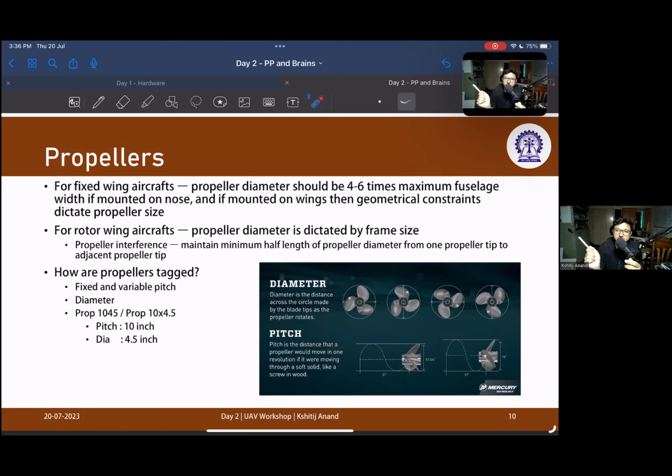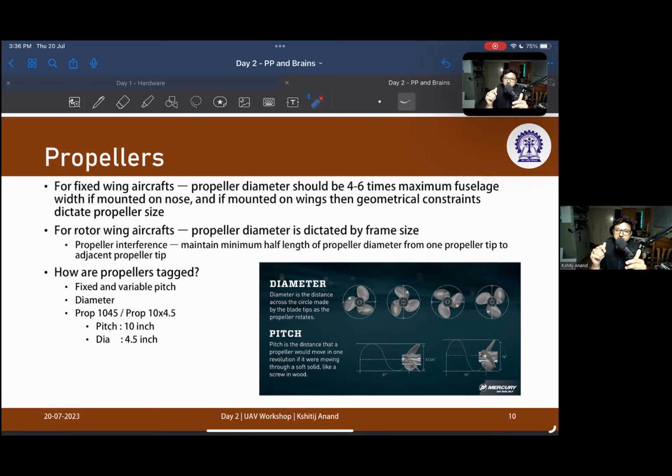If it's mounted on the wings or away from the fuselage, then generally in aviation aircraft the engines are mounted below the wings. If you mount the propellers like that, then the propellers do not face much resistance in throwing the thrust backwards, because they have a very streamlined body behind them, right?